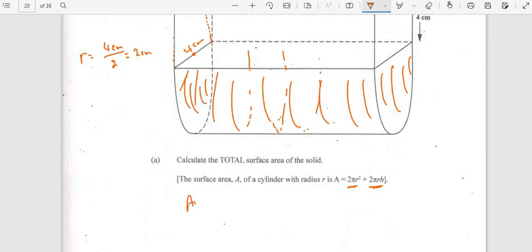So the area of a semicircular base prism, or semicircular base, I should say, is going to be half of the area of the total cylinder. We'll cut it in half, so we're finding half of it. So it's going to be half of 2 pi r squared plus 2 pi r h.